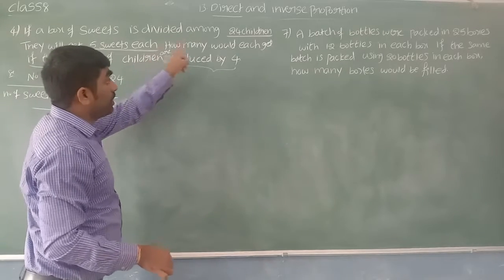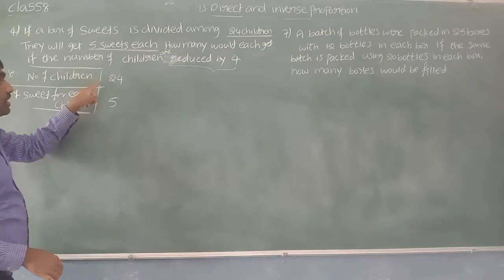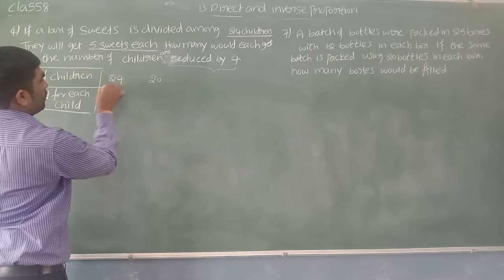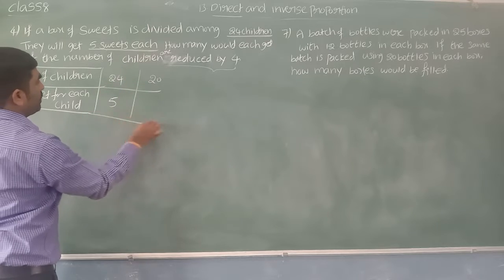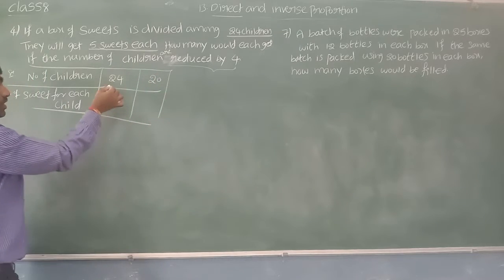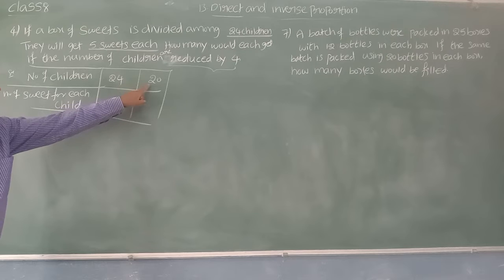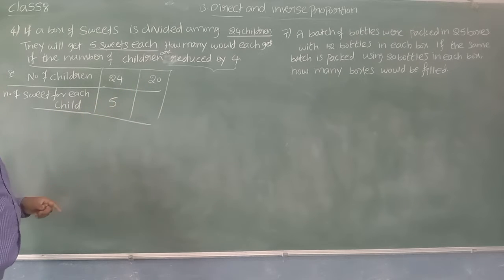Now if I reduce the number of children by 4, the number of children is only 20. We can see that if 24 children get 5 sweets each, then 20 children will get more than 5.